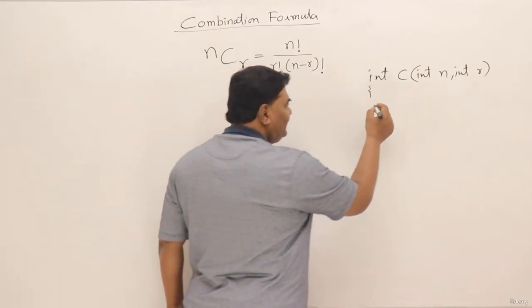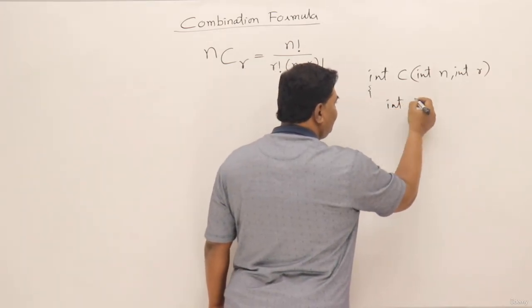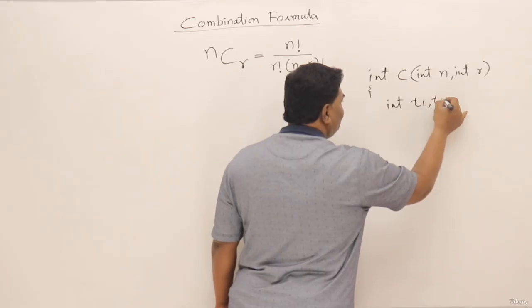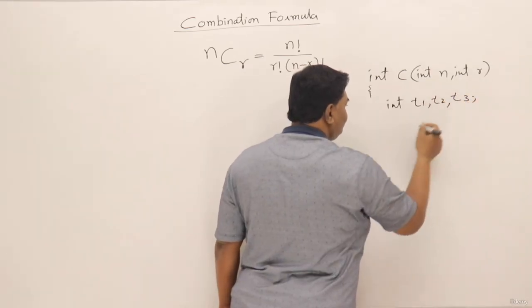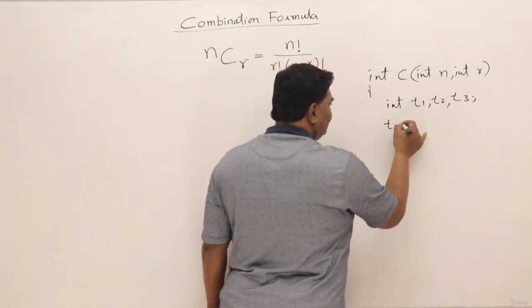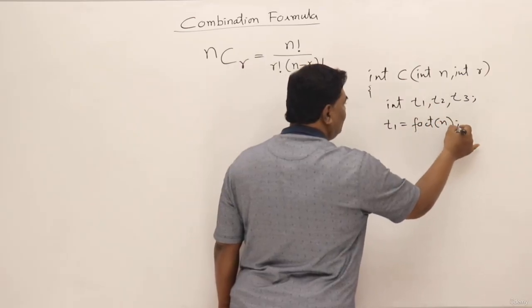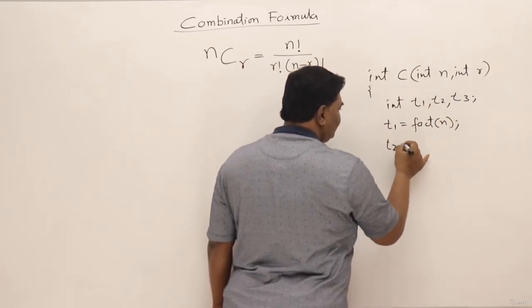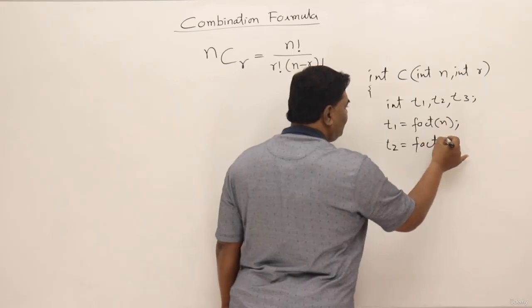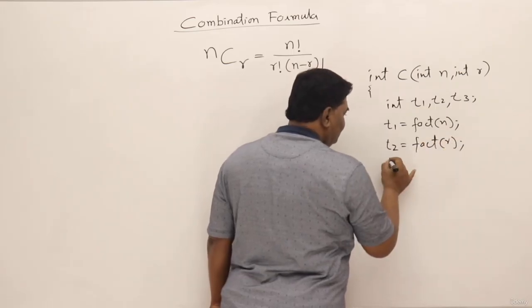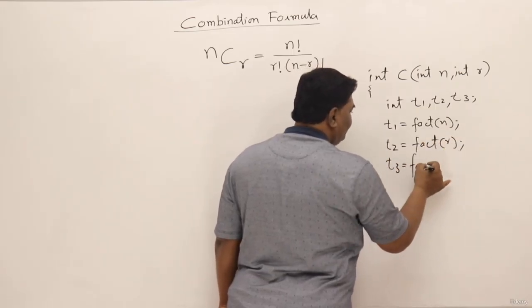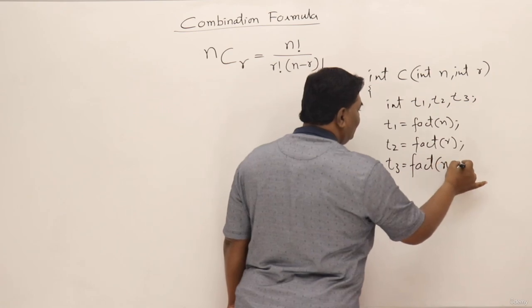So for finding the factorials, I'll take some temporary variables t1, t2 and t3. t1 is factorial of n and t2 is factorial of r. t3 is factorial of n minus r.